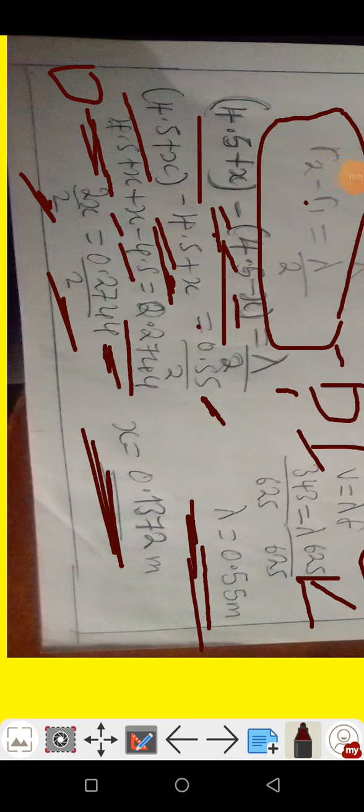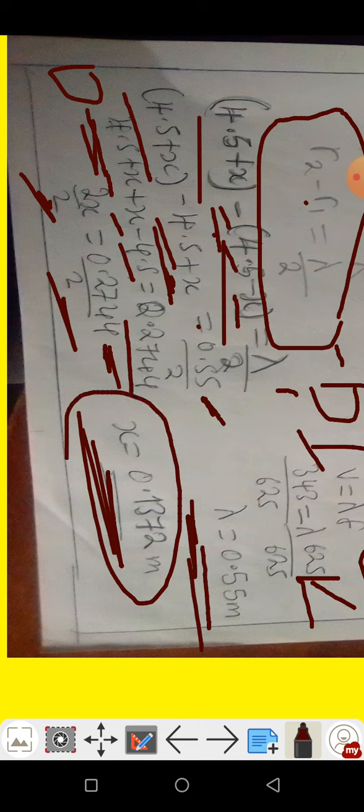This is the answer. This is the distance she is supposed to move backwards so that the bicyclist can experience destructive interference.